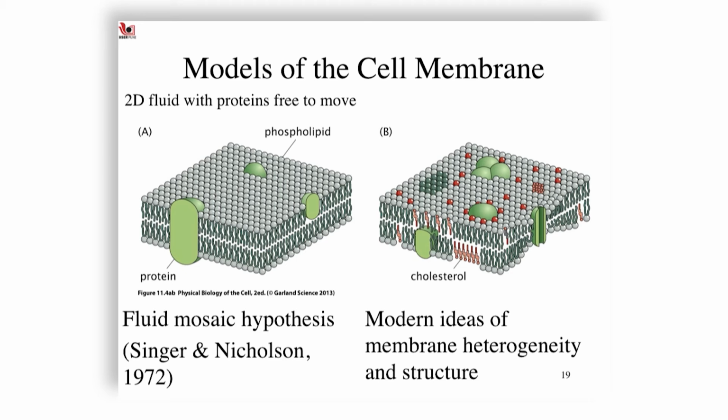So it's not just a sea of lipids in which some proteins are bobbing around like a little boat in an ocean of lipids, but also that the lipids themselves are diverse, that the proteins may be integral membrane proteins only in one layer of the bilayer. There may be structure to the lipids, and so on and so forth.